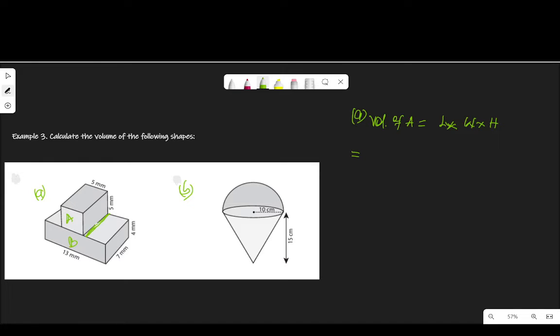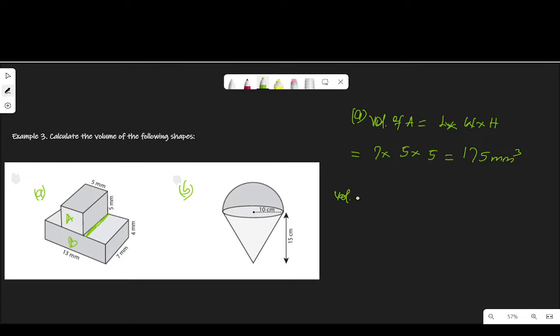This is the length of this prism on top, which is the same thing as this 7 millimeter here. 7 multiplied by the width, which is 5, and the height, which is also 5. So 7 times 5 times 5, that is 175 millimeter cube as the volume of prism A.